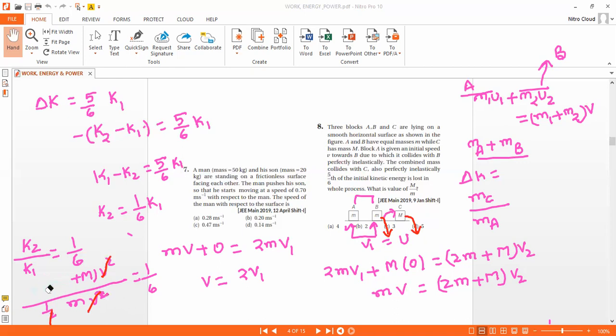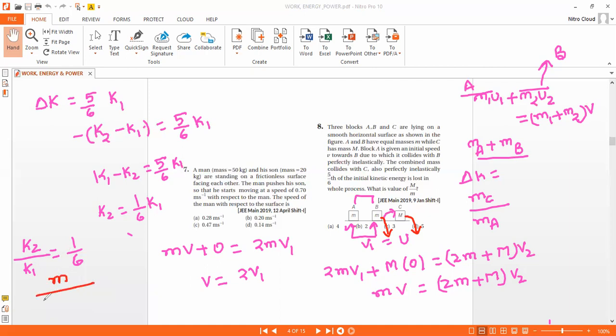Compare with definition. K2 by K1 is equal to 1 by 6. So it must be reciprocal.